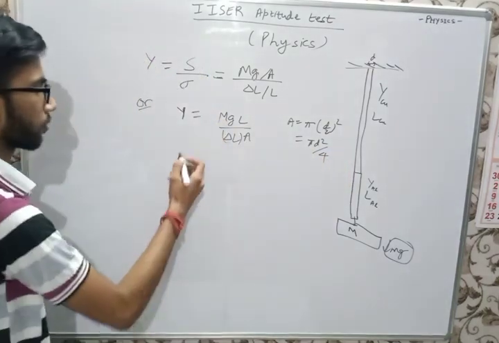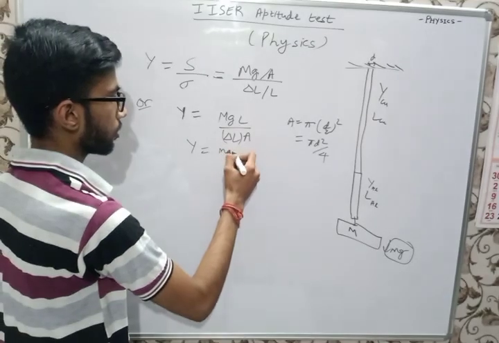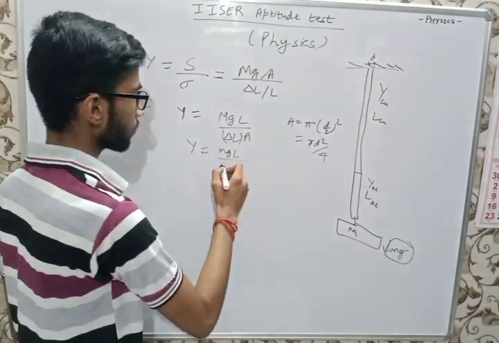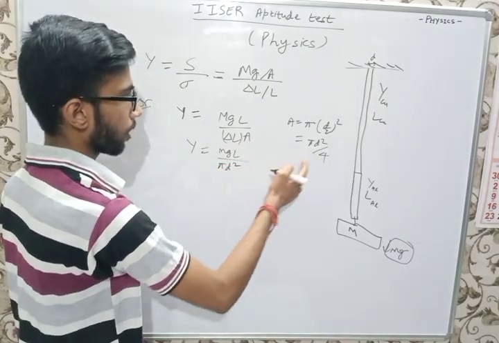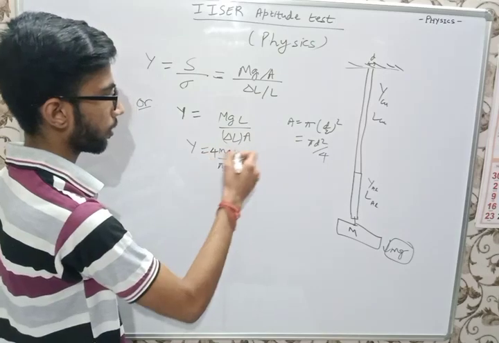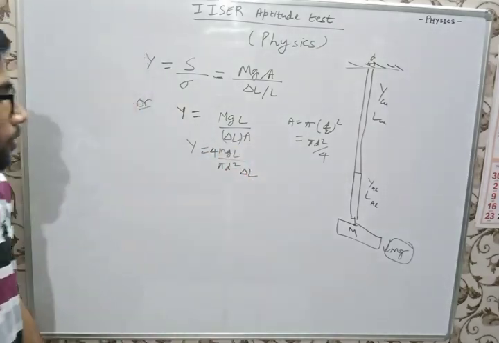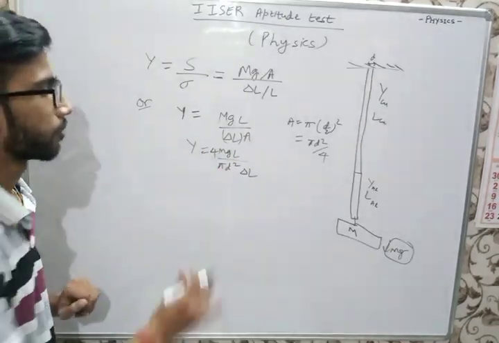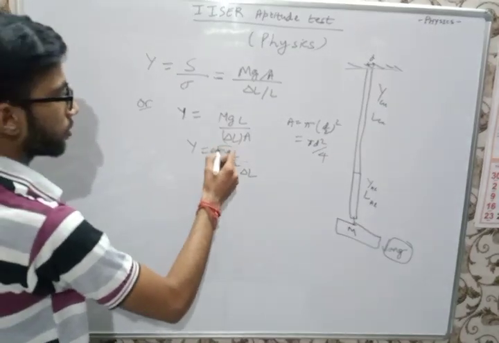Put this value here, you will get Y equal to mgL over pi d square upon 4. It will go up, and then delta L. So it is the general formula. You have to find the load mg.